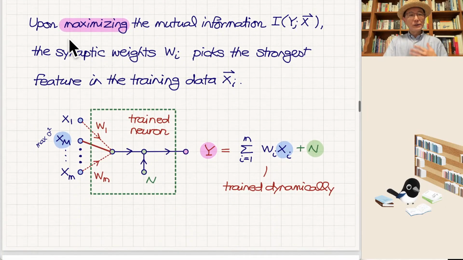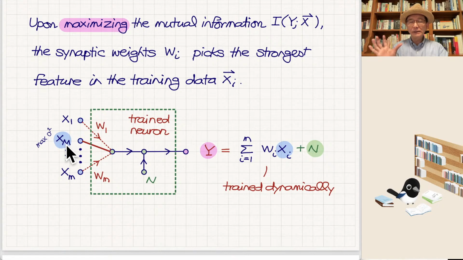Well, we go through the technical details, so I'm just going to rephrase the important consequence here. Suppose now this x1 to xm has been pre-processed, so they are independent inputs. But xm has the strongest and maximum sigma square, which means that it fluctuates most significantly, while all the others are pretty much zero.